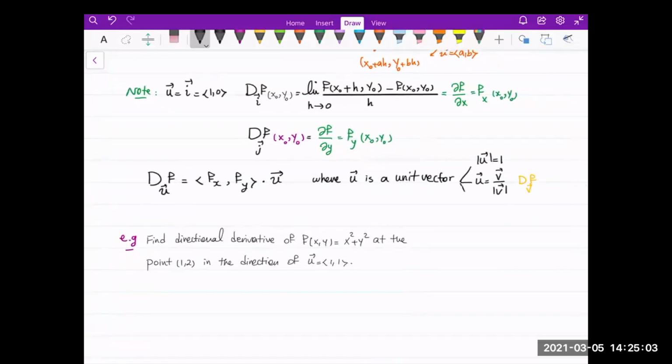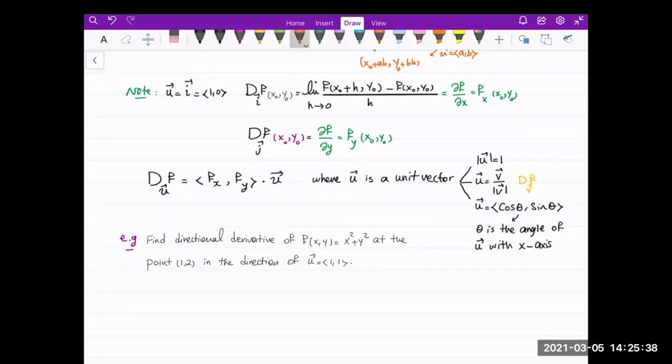We can also say that u is the vector like this, cosine theta and sine theta. The length of this vector is 1. It's a unit vector, where theta is the angle of u with the x-axis.